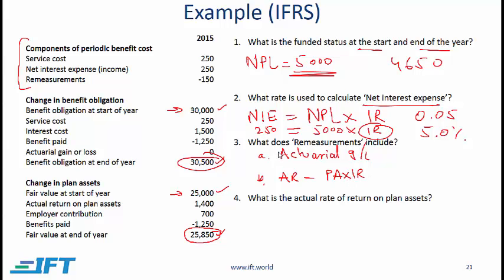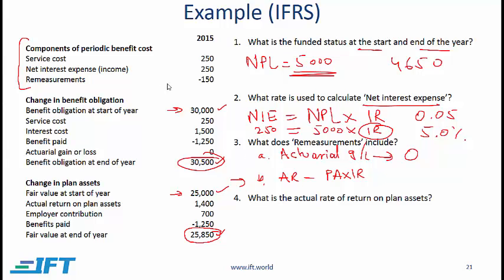We are told that the actuarial gains here are 0. So there are no gains or losses. So in our somewhat theoretical example, this is 0, though in the real world this is seldom 0. The entire remeasurements then in our example is this component.